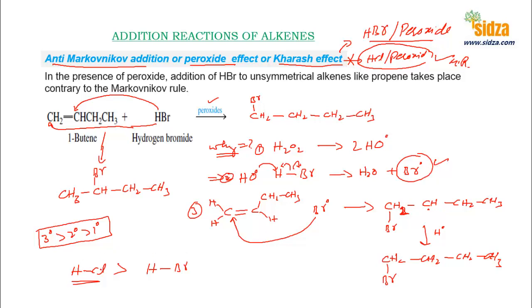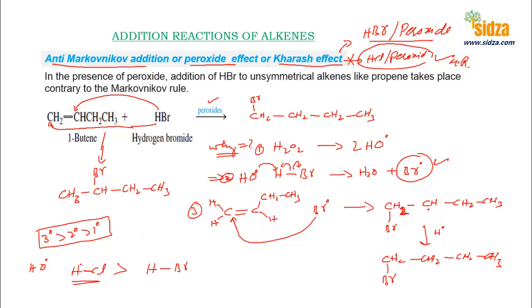But in case of HCl, the same free radical cannot cause the homolytic bond fission. It cannot abstract the hydrogen from here. Why? Because the bond strength is more than HBr. HCl bond is stronger than HBr, so it cannot take this hydrogen from that, and therefore it won't follow the free radical addition. The free radical mechanism won't be there.